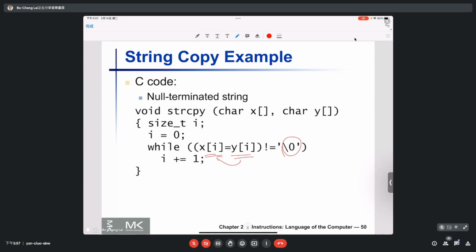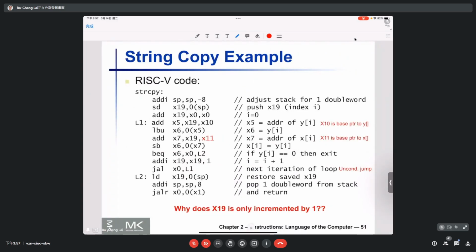Okay, so that's easy. You translate it into assembly code. It looks like this. So first of all, you push this x19 into the stack, because you will use x19, but you don't want to lose this data, so you push it to the stack, and then you set it to 0. 这个是 set x19 to 0.